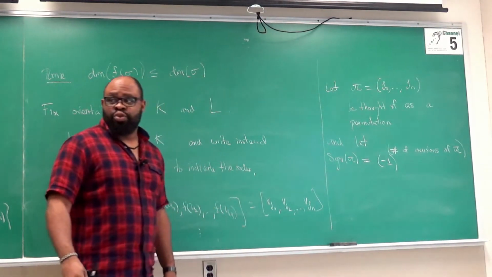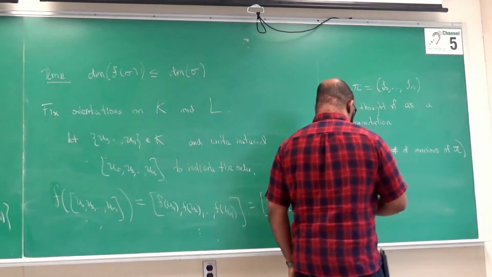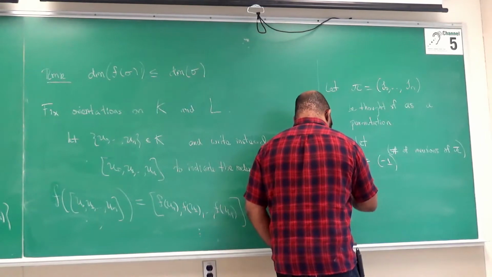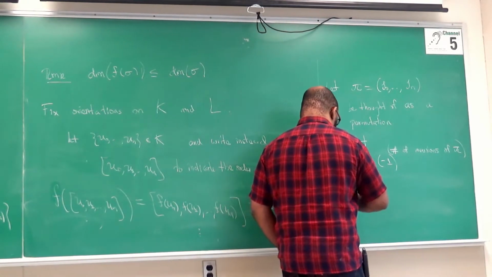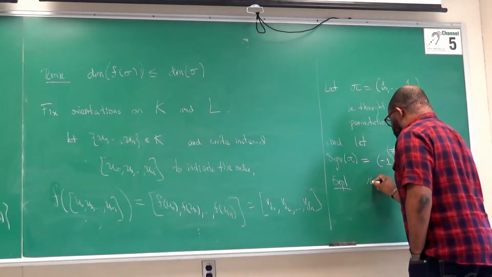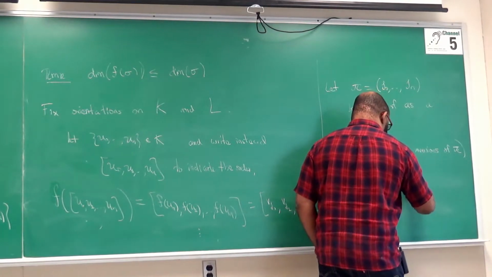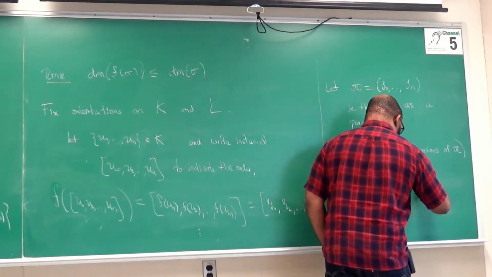And I think it is easier to do it with a particular case. So for example, let's say that my permutation pi is 0, 1, 3, 2, and 4.